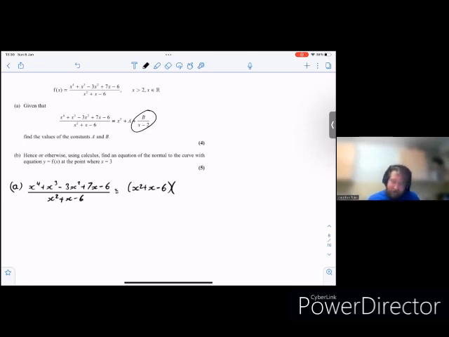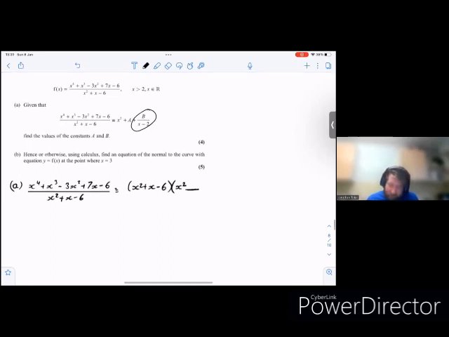So in order to get an x to the 4, when we multiply this out, we need an x squared. Now, this bracket is quadratic, so we need to think about the number in front of x. So when we expand these brackets, we want to get x cubed.